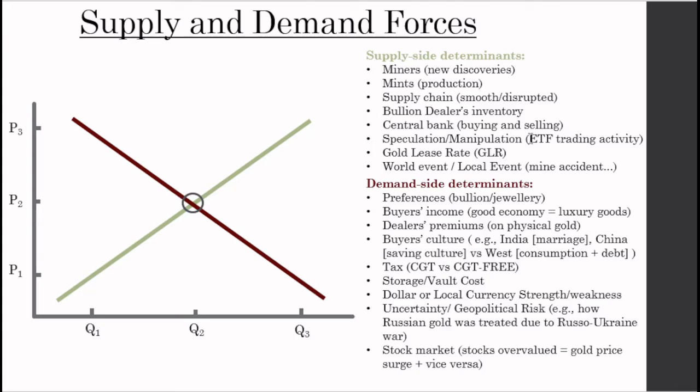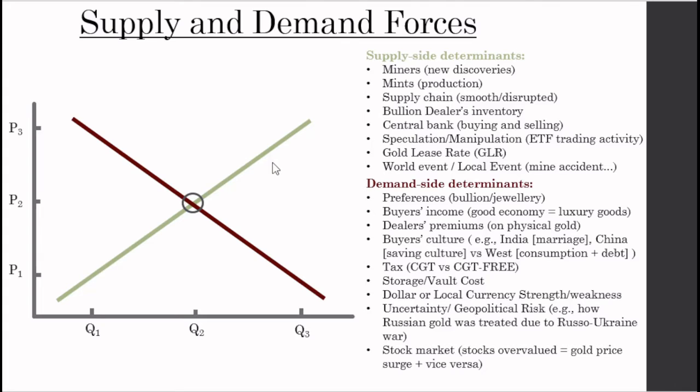In the contrary situation, if a lot of central banks are selling gold in the market, if they're selling large amounts, then that represents an oversupply in the market, and that's going to cause less demand, and it will cause the price to decrease, to fall.